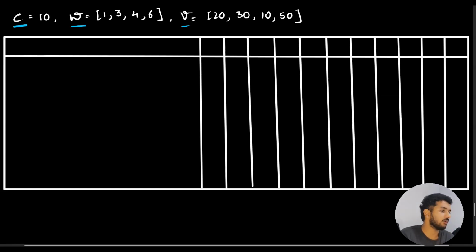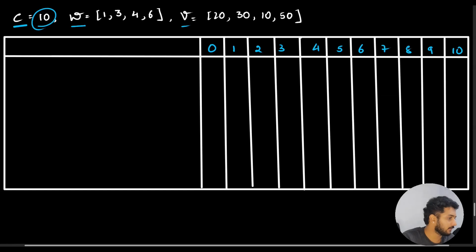First of all, we have to write down the numbers from 0 until 10, because the capacity is 10: 0 1 2 3 4 5 6 7 8 9 and 10.